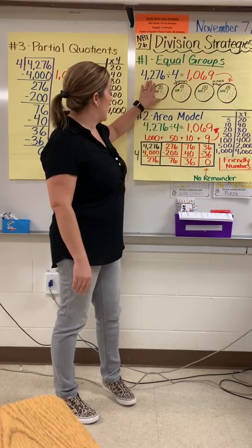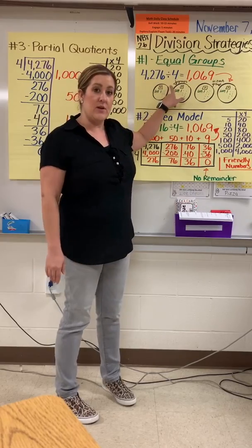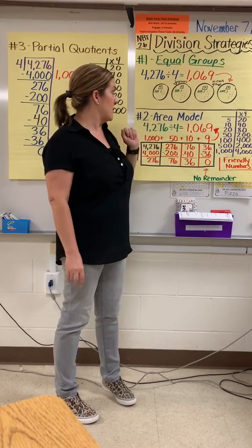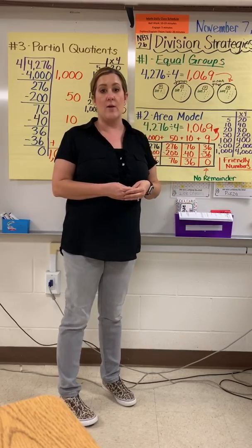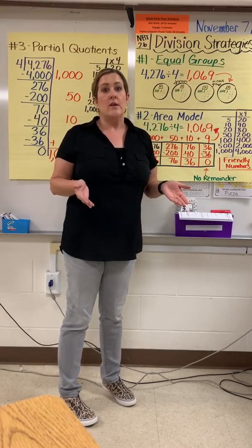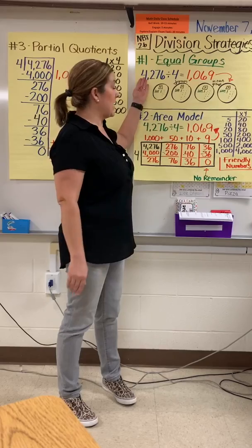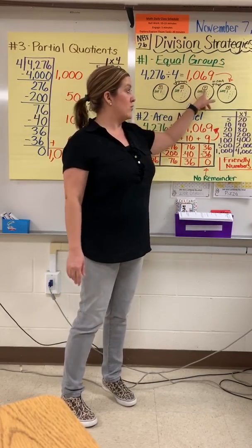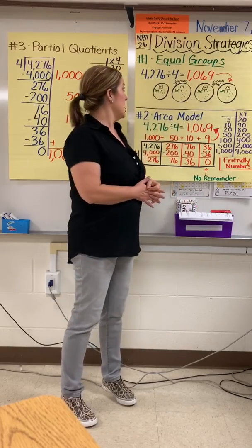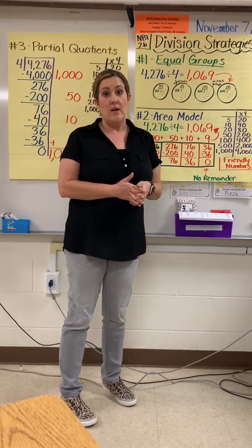The first one is 4,276 divided by 4, and we used base 10 blocks to divide those up into 4 groups. So we would start dividing 4,000, and clearly 1,000 would go in each group. Then we would move to 200.